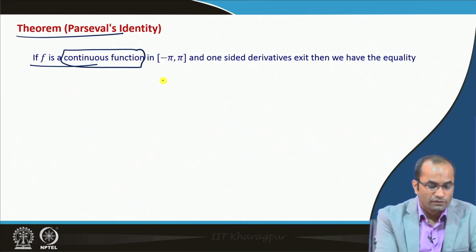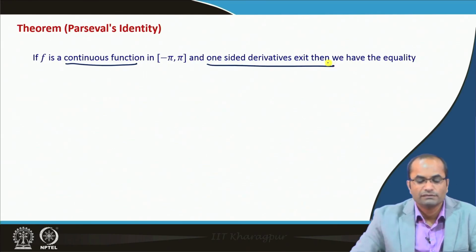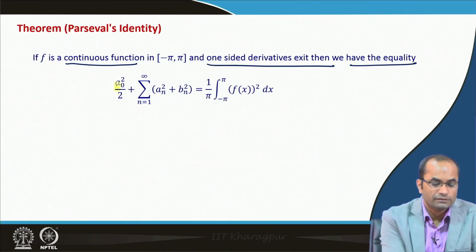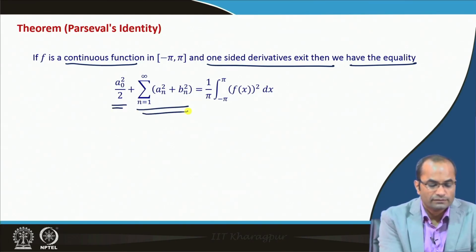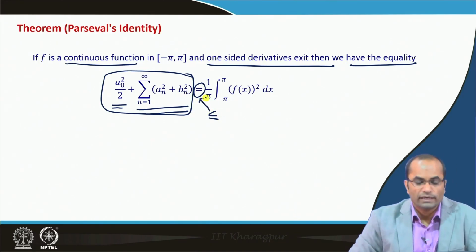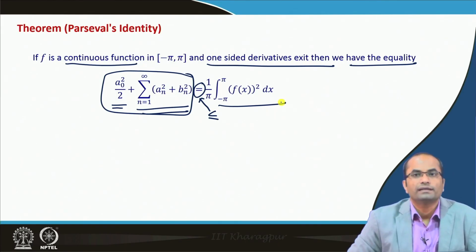So, for the simplicity of the proof, we have taken this continuous function now, and one sided derivative exists. Then what we have is a naught square by 2, the same term we have in Bessel's inequality, the only difference being that the inequality is replaced now with equality: 1 over pi, integral from minus pi to pi, f x whole square dx.